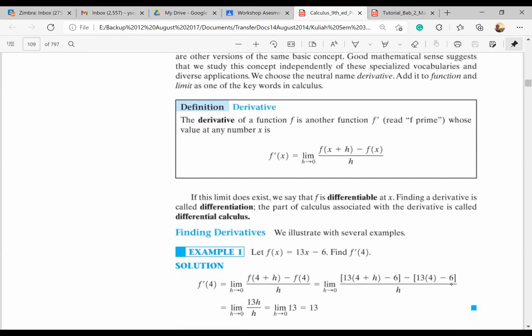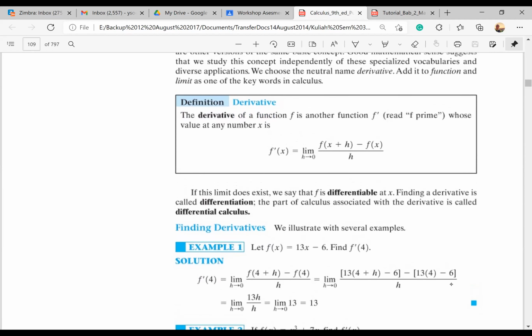And if you're talking about the graph of a function, geometrically, this is called the slope of the tangent line. In general, this is an instantaneous rate of change. Without the limit, this is just the average rate of change. So with the limit, it becomes instantaneous.